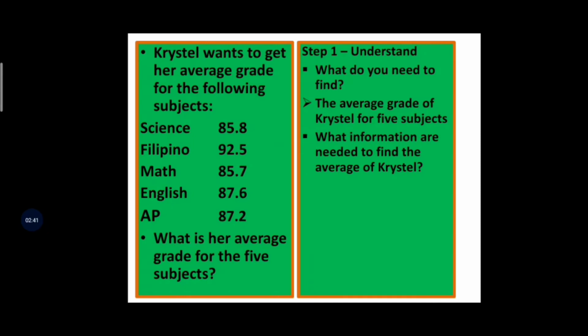Nung mga impormasyon ang kailangan natin dito para mahanap natin yung average ni Crystal. Then, we have, syempre, ito yung mga data na ating pagkukunan para makuha natin ang kanyang average. So, ano po ang ating gagawin? Ito tayo.